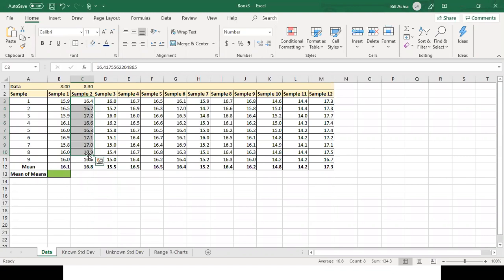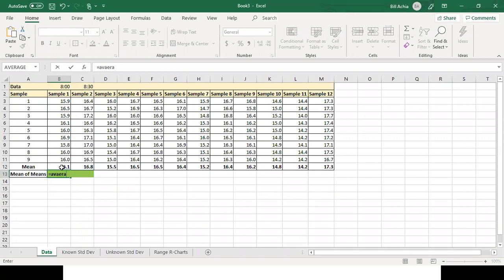The first thing that we need to figure out is the average for every sample that was taken. In Excel, that's a simple average calculation where you use the average function. Take your averages for each and every sample, and after getting those averages, you're going to calculate the average of all the averages.